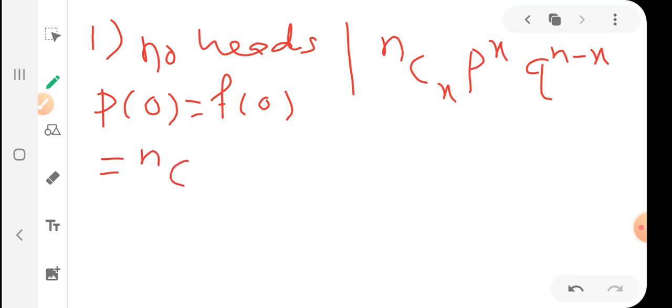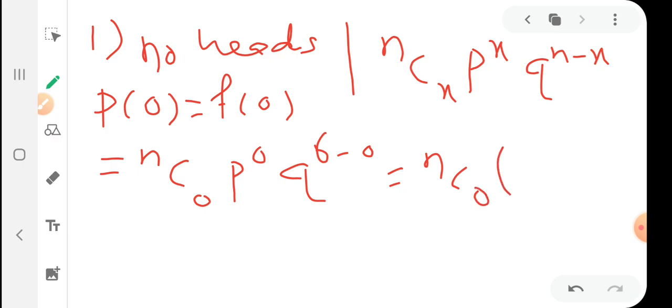nC0, put 0 in place of x. nC0 P raised to 0 Q raised to n minus 0, value of n is 6, so 6 minus 0, is equal to nC0, then P means 1 by 2, 1 by 2 raised to 0, Q is again 1 by 2 raised to 6.